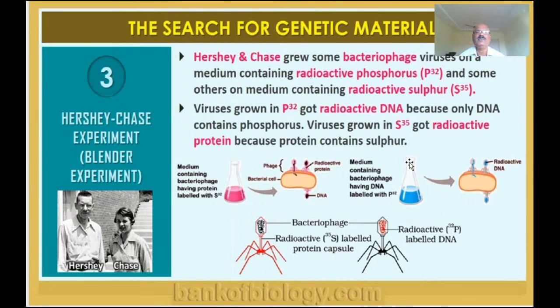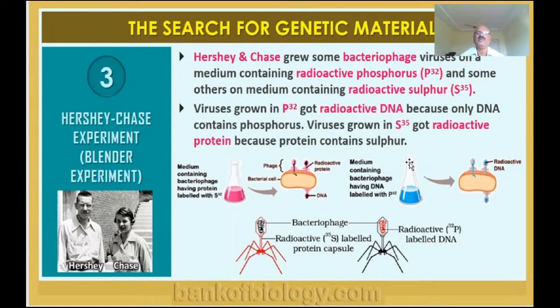P32 is a radioactive phosphorus compound, S35 is a radioactive sulfur compound. Viruses grown in P32 got radioactive DNA because only DNA contains phosphorus. Viruses grown in S35 got radioactive protein because protein contains sulfur.